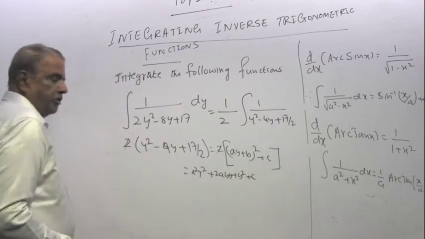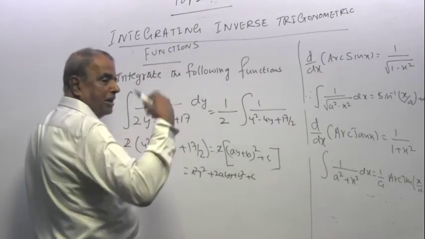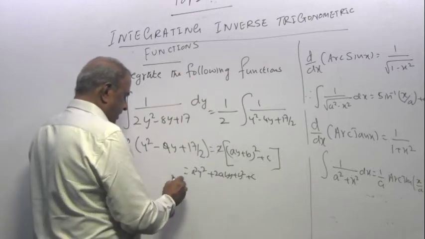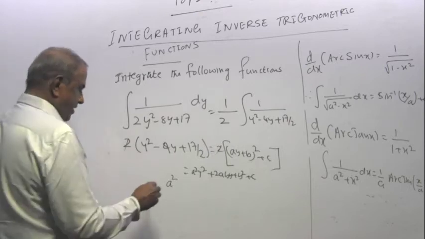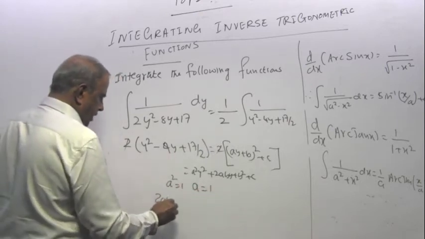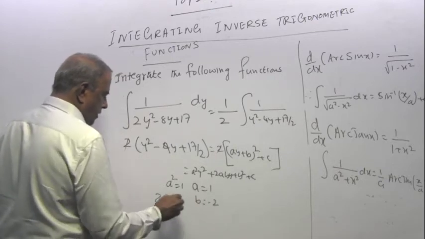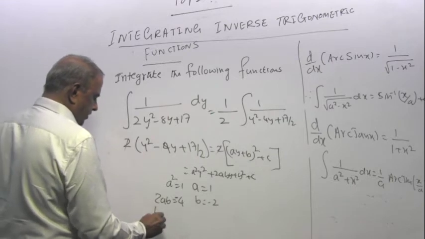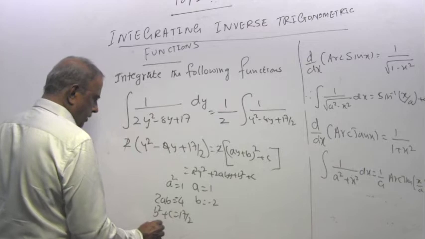Of course, you can use any method you want, but I find this convenient so that I don't have to bother about negative signs and numbers and halving the middle term and all those things. A squared is 1, so a is 1. 2ab is 4, so b is minus 2. And then b squared plus c equals 17 over 2.